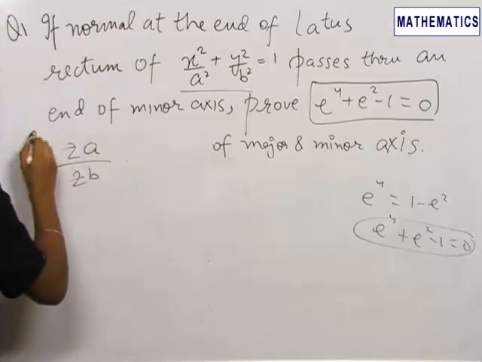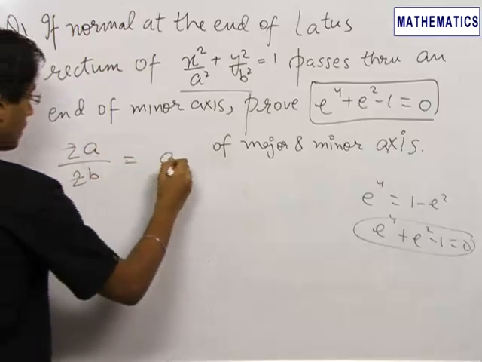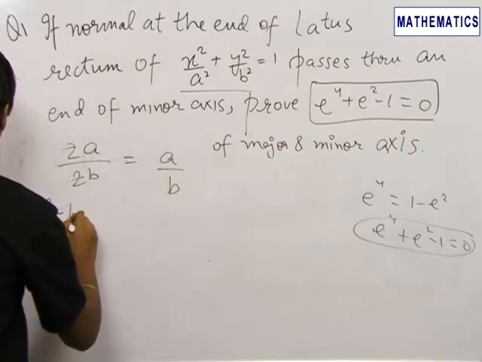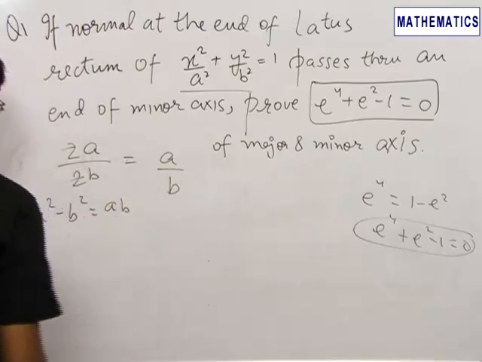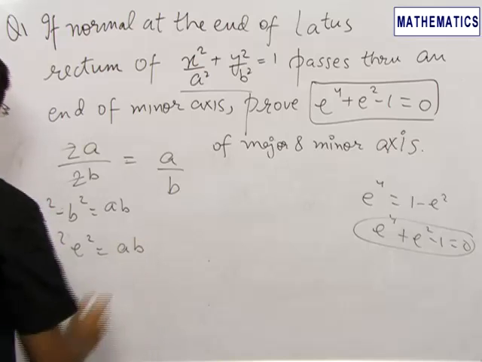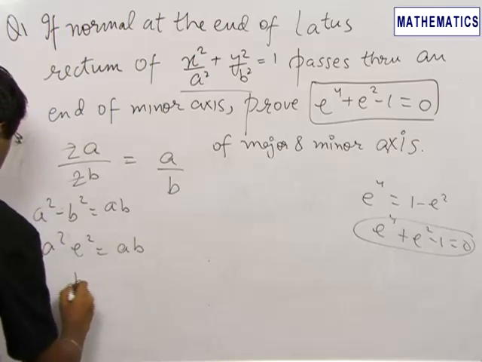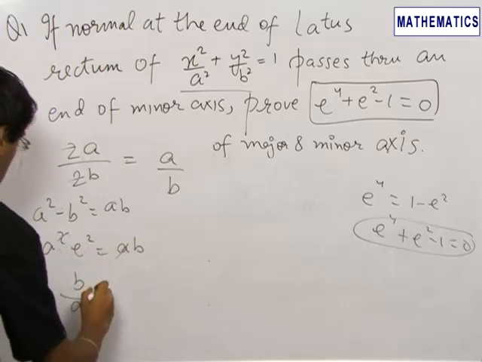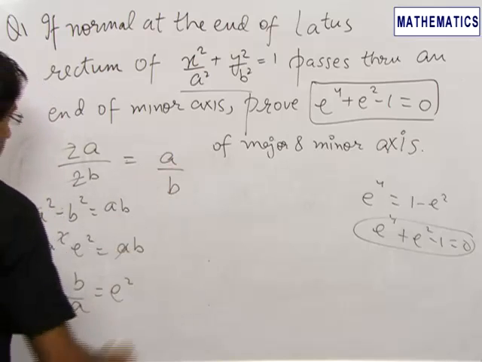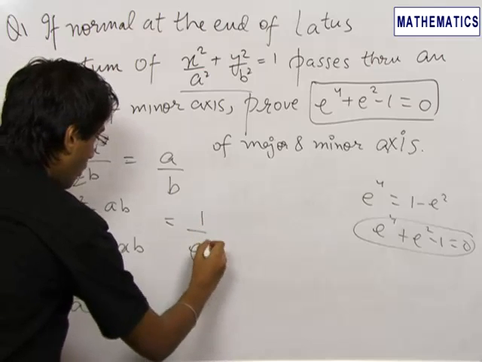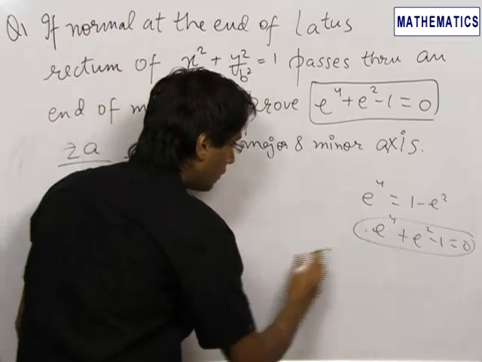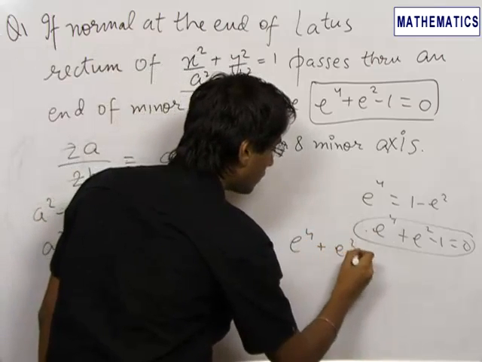So the desired ratio is a upon b, and since we had a square minus b square is equal to ab, and this is a square e square is equal to ab, hence we get b by a is equal to e square. So our desired ratio is 1 upon e square.